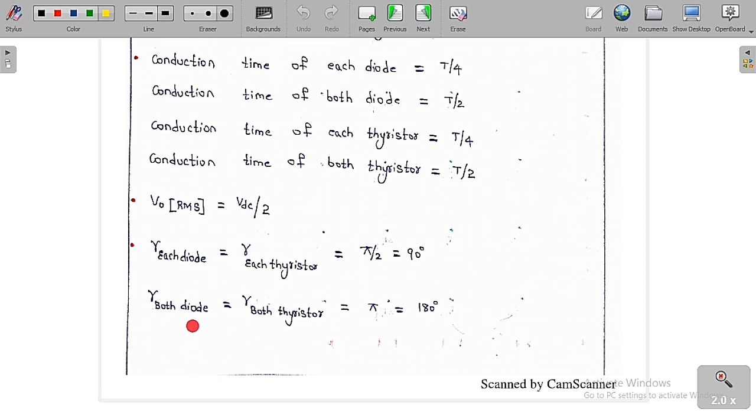Whereas the conduction angle of both diodes is equal to the conduction angle of both thyristors, which is pi, equal to 180 degree.